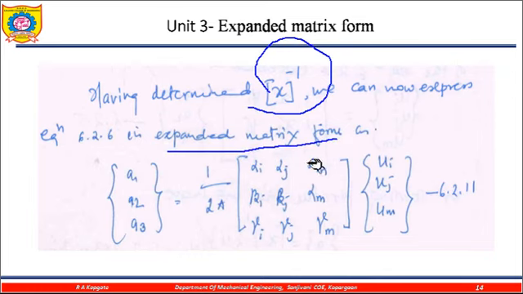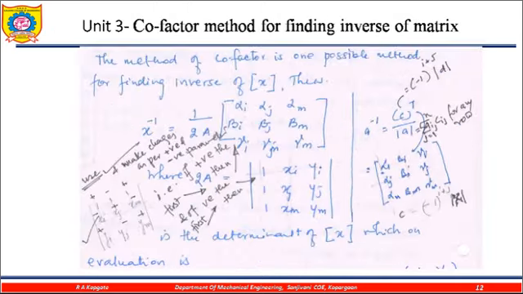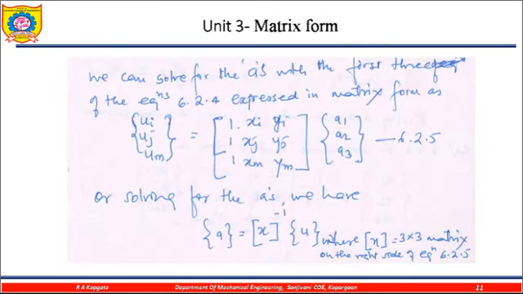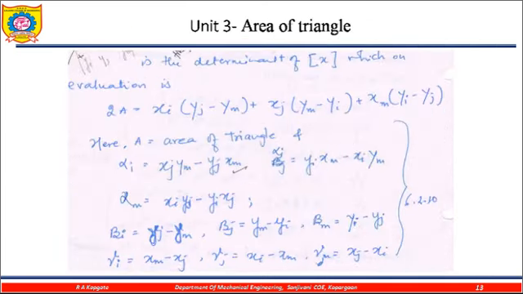Once we find this inverse matrix, the same way, this is the expanded form of the inverse matrix, that is 1 upon 2A, then a1 a2 a3. Here we are writing a is equal to X inverse u, that we have found now.